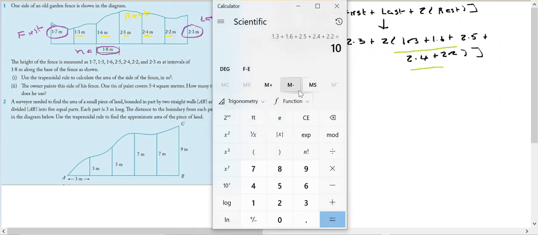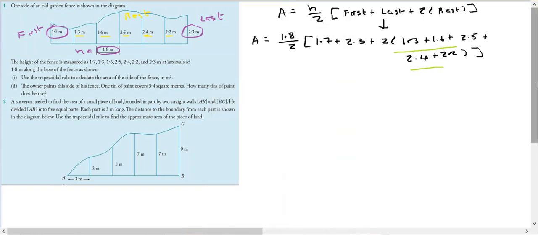It's equal to 10. Let's just check these: 1.3, 1.6, 2.5, 2.4, and 2.2. So it's 10, and then you have to multiply that by 2, which is equal to 20. So this part will simplify into 20.